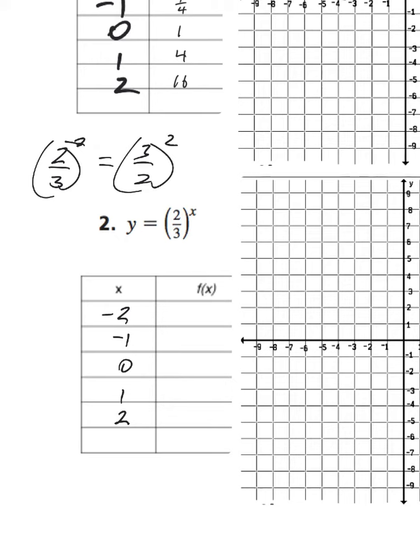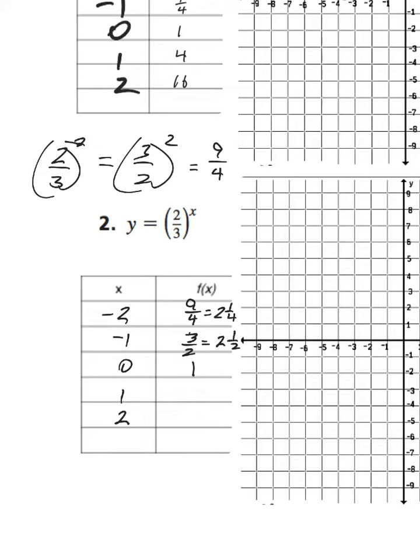The negative flips it, and I get 9/4. Yuck. But anyway, 9/4, which is equal to 2 1/4. If I put a -1 in, it just flips the fraction to 3/2, which is 2 1/2.